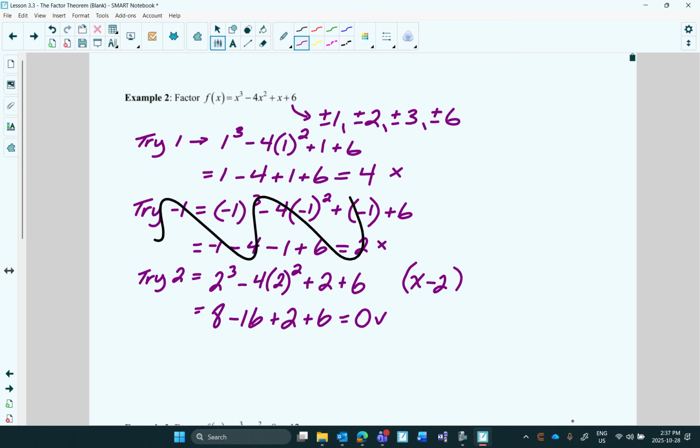Now, to find the other factors, divide this by this using synthetic division. So 2, 1, minus 4, 1, 6. That's going to give me a remainder of 0. Drop the 1, times 2, add. Times 2, add. Times 2, add. What do I get for the trinomial?